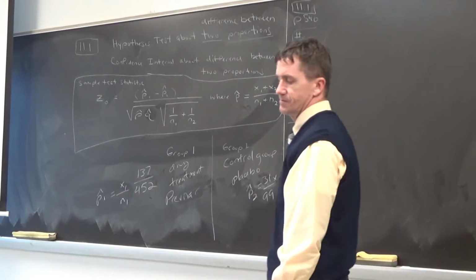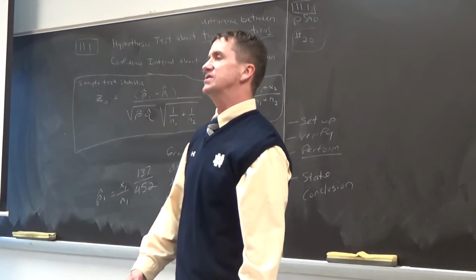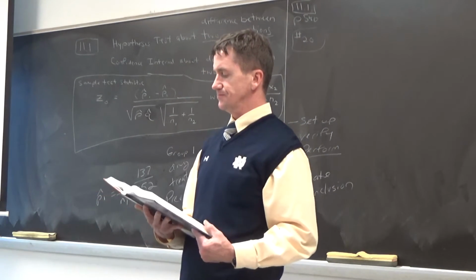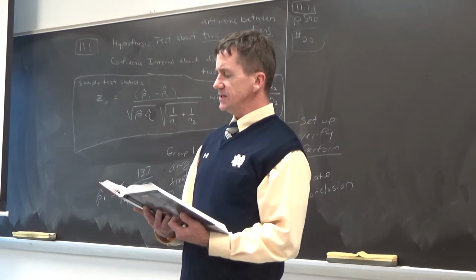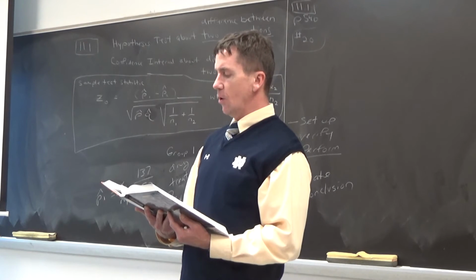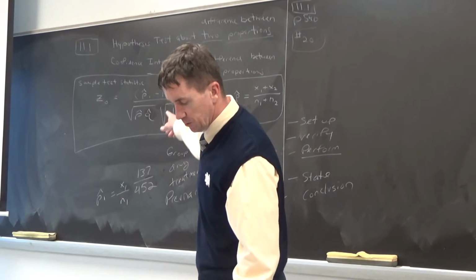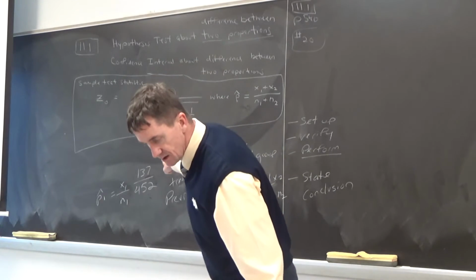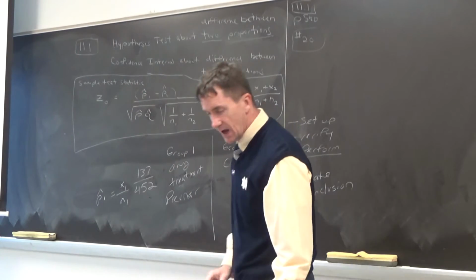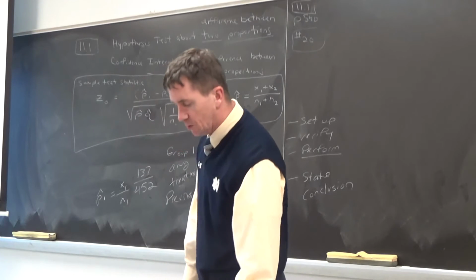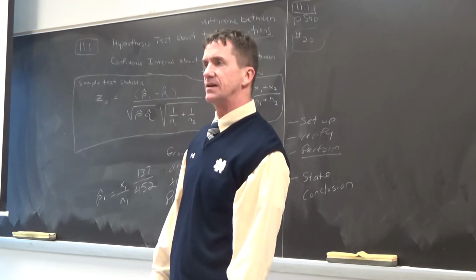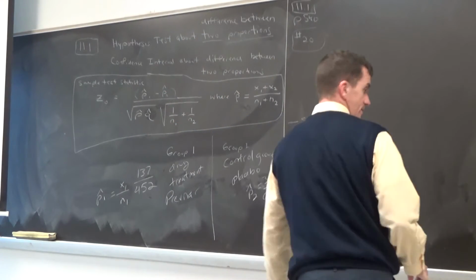All right. And we're going to read this question, then we can set up the hypothesis test. Does the evidence suggest that a lower proportion of subjects in group 1 experience drowsiness than those in group 2 at the alpha equal to 0.05 level of significance? All right, where's the yellow chalk?